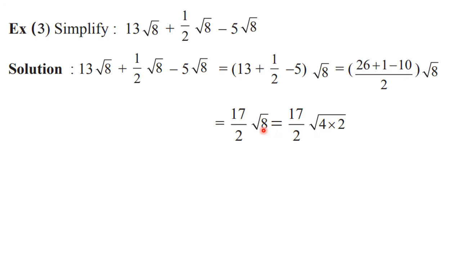So root 8 we can write as root 4 into 2, and then this we can express as 2 root 2. So root 8 can be written in the simplest form as 2 root 2, and then this 2 in the denominator and this 2 in the numerator are going to get cancelled, and our answer is 17 root 2. Got it?